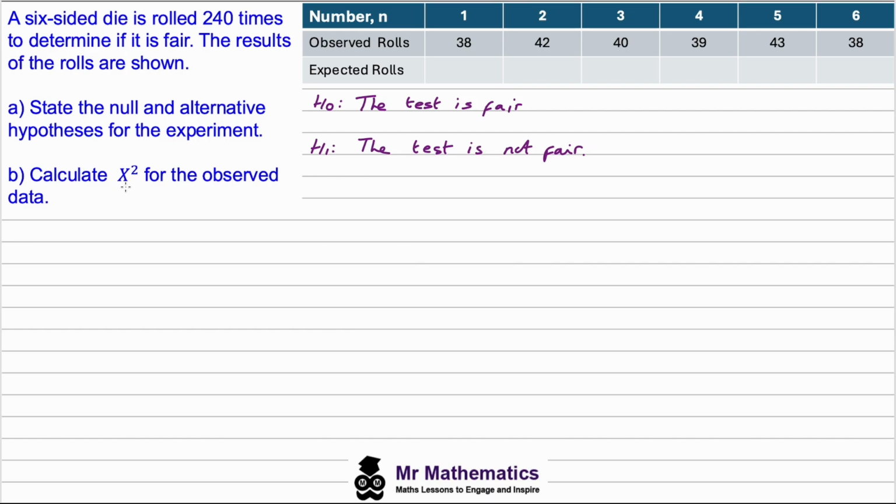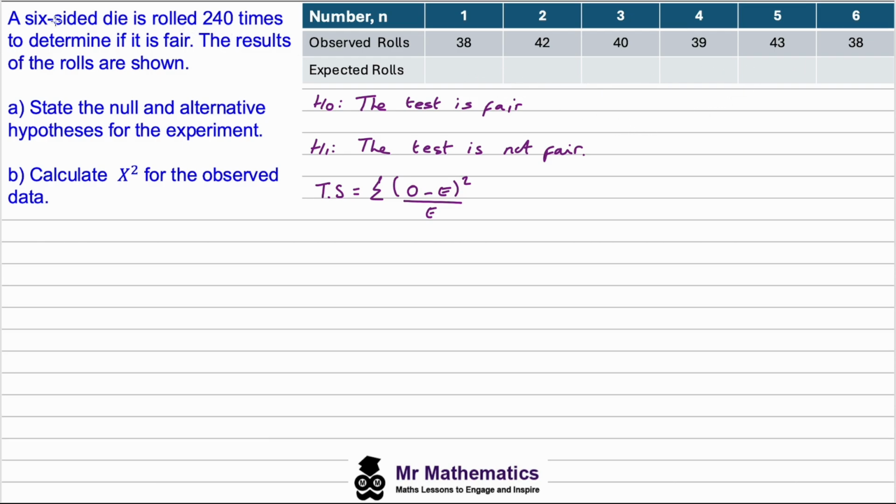And to calculate the chi-squared value, we need to use a formula: the test statistic, or the chi-squared value, is equal to the sum of the observed values minus the expected values, all squared, divided by the expected value. So the next thing we need to do is to calculate the expected value for each number on the die.